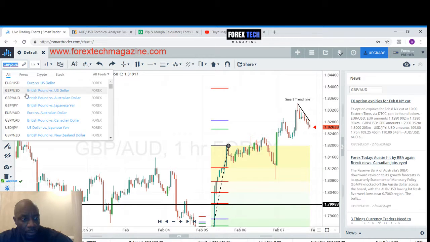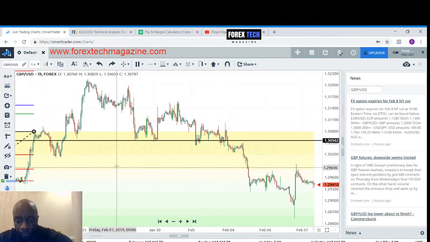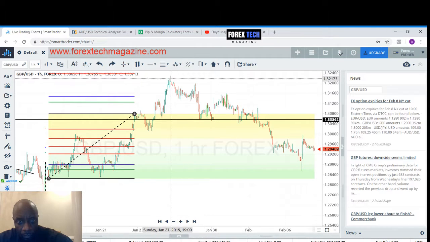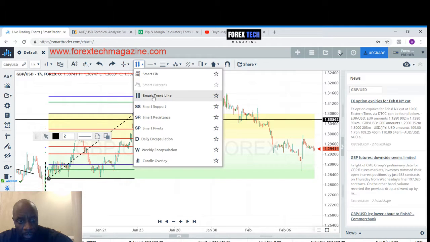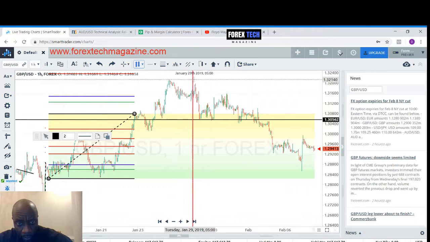And last but not least, we got Great Britain Pound, US dollar. This is another one. This really is a muddled mess right here. I'll be honest with you. It's going to take a while for it to get to a point where I feel comfortable with buying into it.